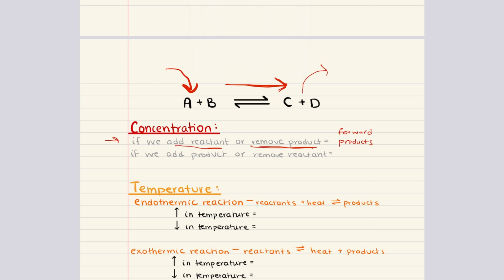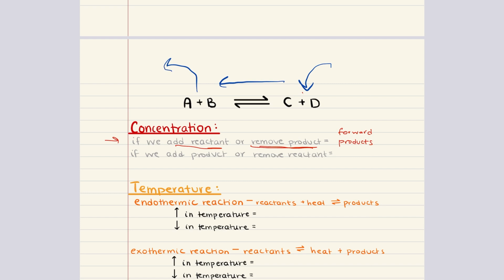Now, what about if we go ahead and add products? When products are added, the system's going to shift in the reverse direction to produce more reactants and reestablish equilibrium. What about if reactants are removed?